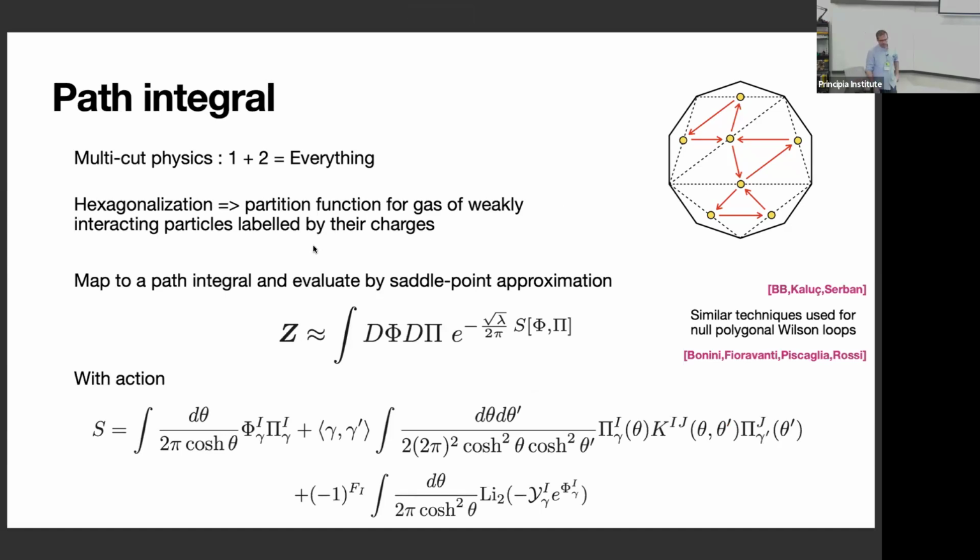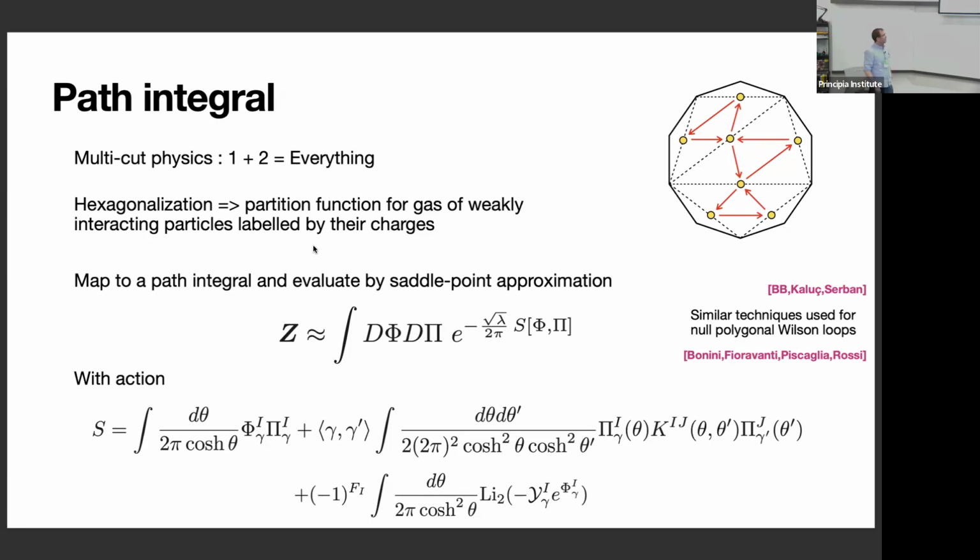So anyway, once we have all these ingredients, I'm keeping a lot of technical details here, but thanks to all this simplification that I've mentioned before, we can just recast this hexagon formulation as a partition function for some gas of particles and write it directly as a path integral.